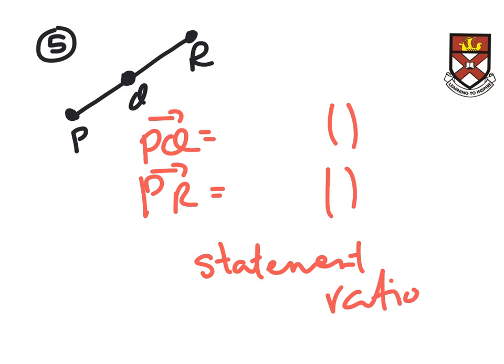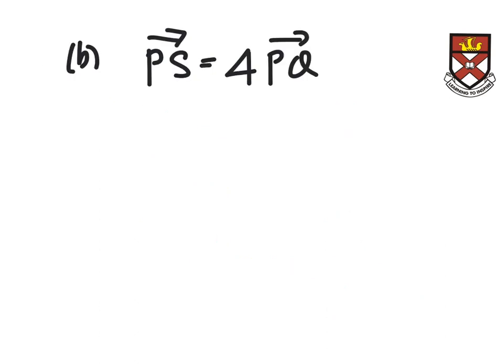Back here, your previous answer, you had already worked out what PQ actually was. It's this answer here. So all you need to do is just put it in for part B. We're told that PS is 4 PQ. Now PS is little s minus little p. 4 PQ, well you've got that from your previous answer, put that in here.